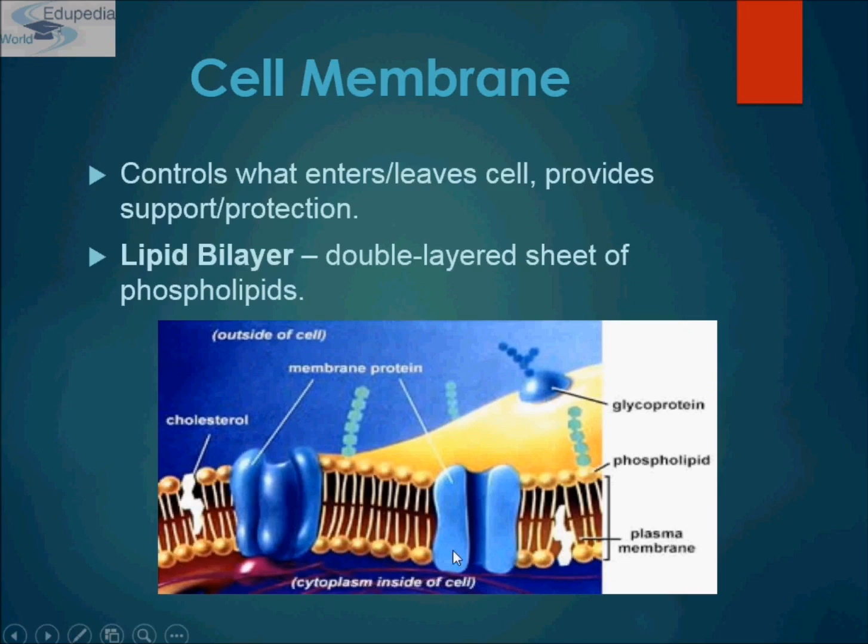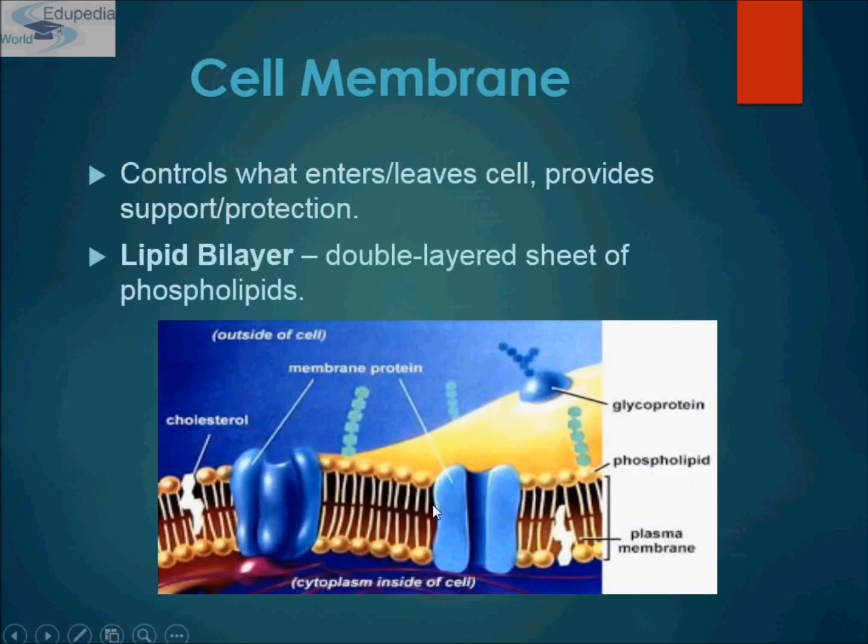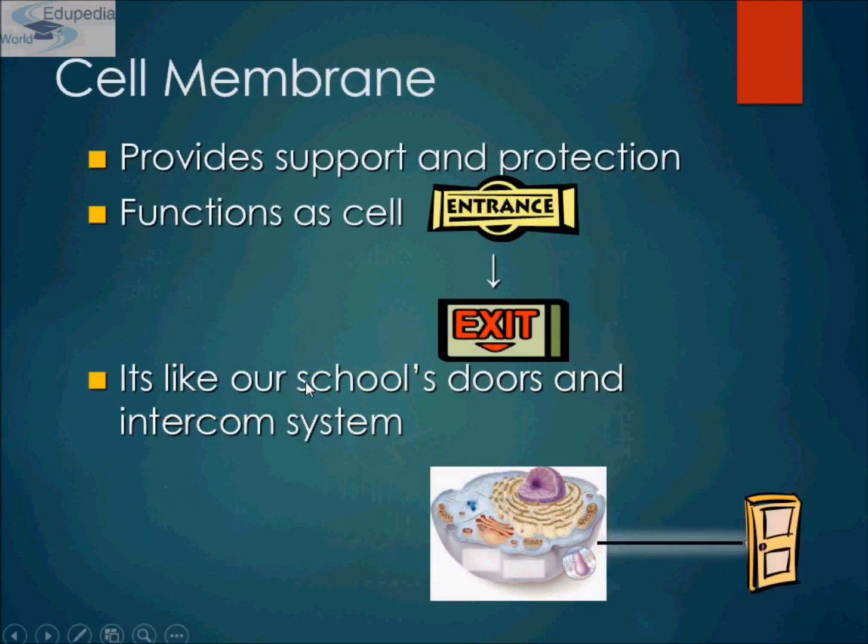See, this is the cytosol or cytoplasm, and this is the extracellular matrix. So this plasma membrane helps in maintaining essential difference between cytosol and extracellular environment. If we summarize the cell membrane, it provides support and protection. Secondly, it helps in entry and exit of molecules.